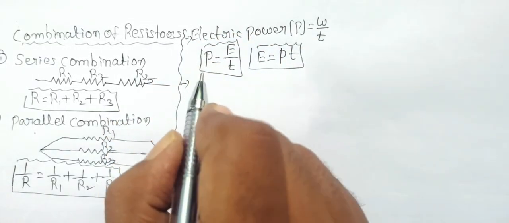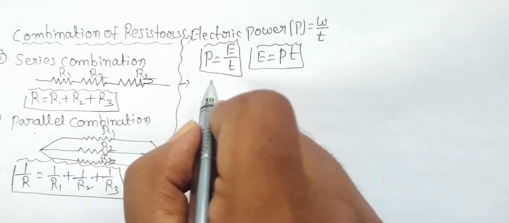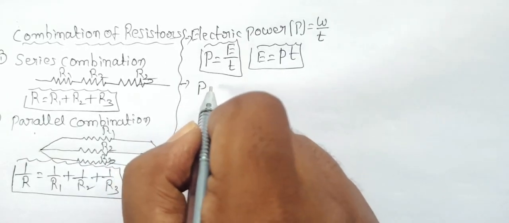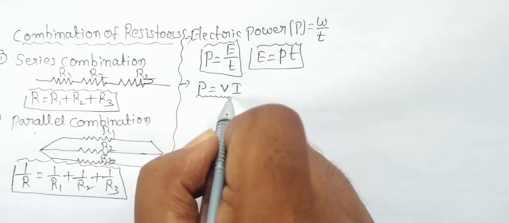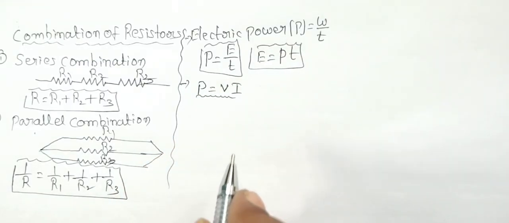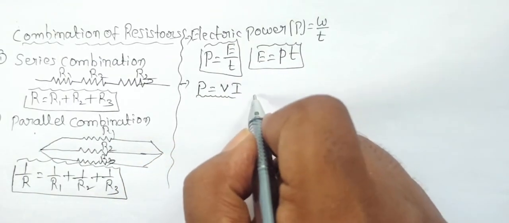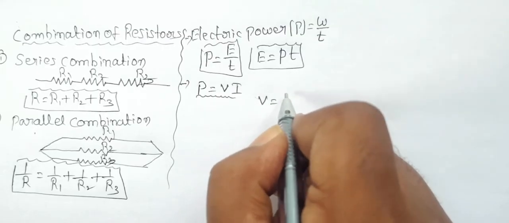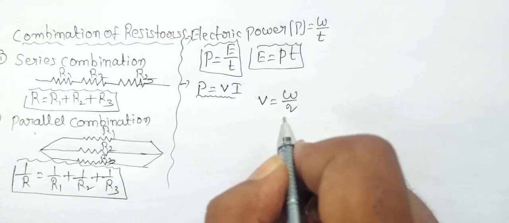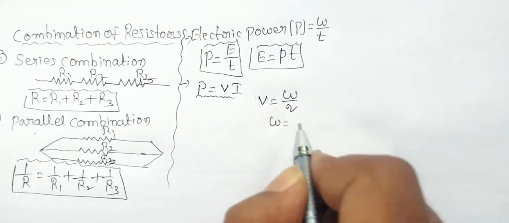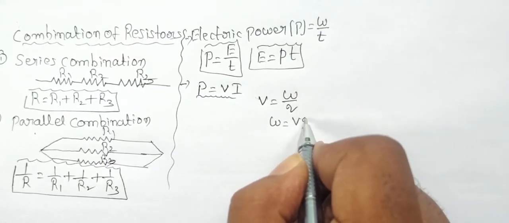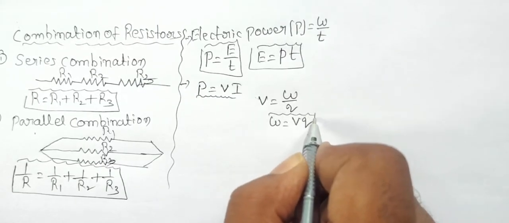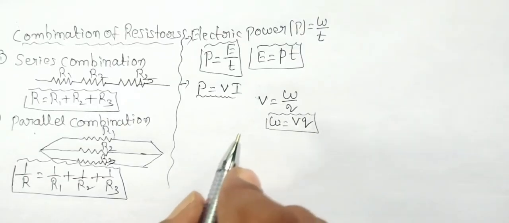Next, there are mainly four formulas. First, power is equal to VI. How to derive this? We know potential difference is equal to work by charge, so work is equal to potential difference into charge.